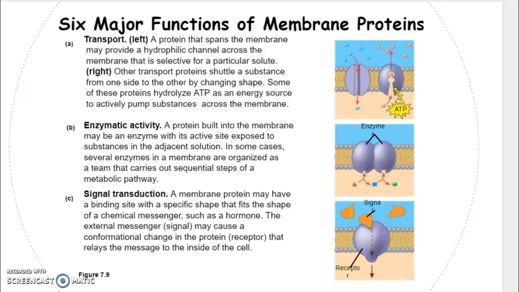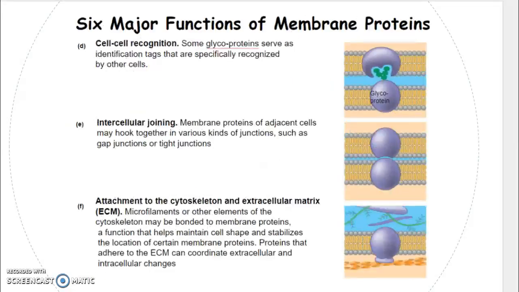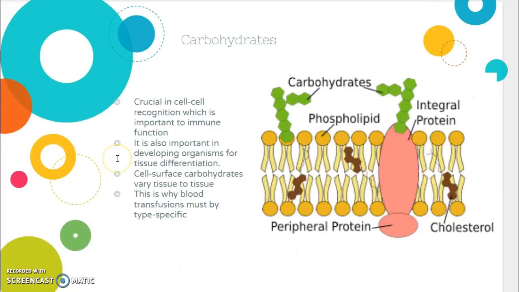Another function is for enzyme activity, and then signal transduction. The fourth one would be cell-to-cell recognition, so that's how the cells recognize each other. Intercellular joining, which would be the joining of different kinds of cells, and then attachment to the cytoskeleton. The next part of the cell membrane we're going to talk about is the carbohydrates.